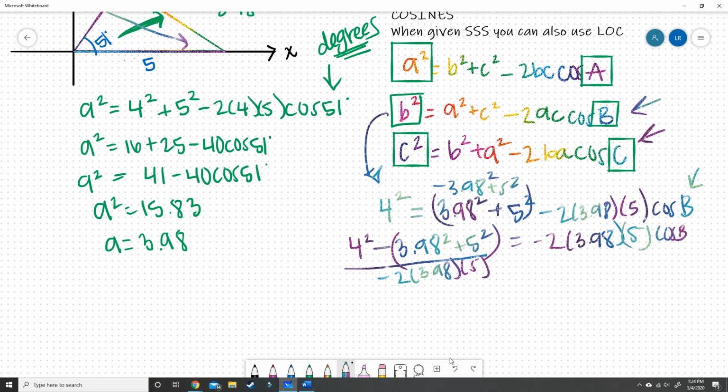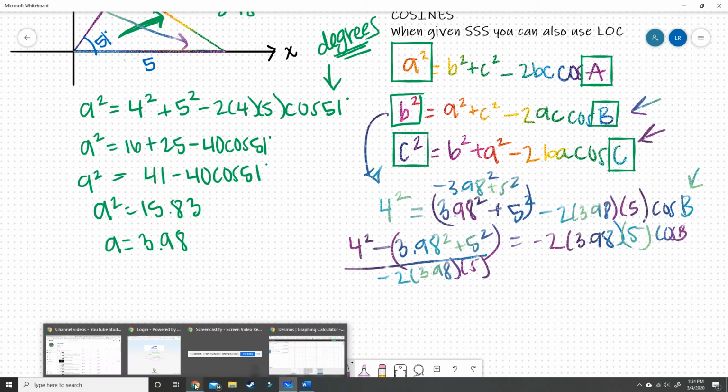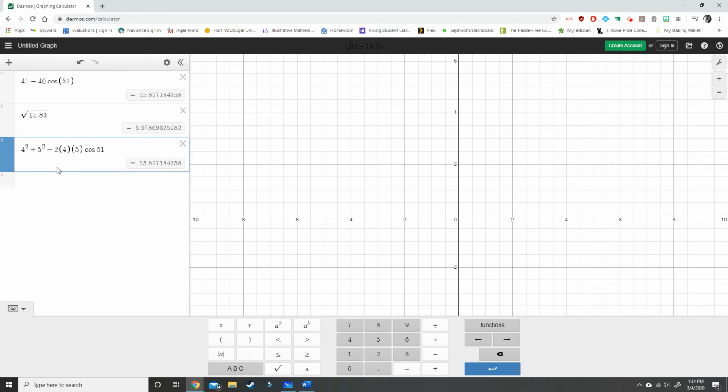So let's see if I can keep all of that in my head while I switch over to the other screen. So in the calculator, we are going to say 4 squared minus 3.98 squared plus 5 squared, divided by that whole thing, negative 2 times 3.98 times 5.